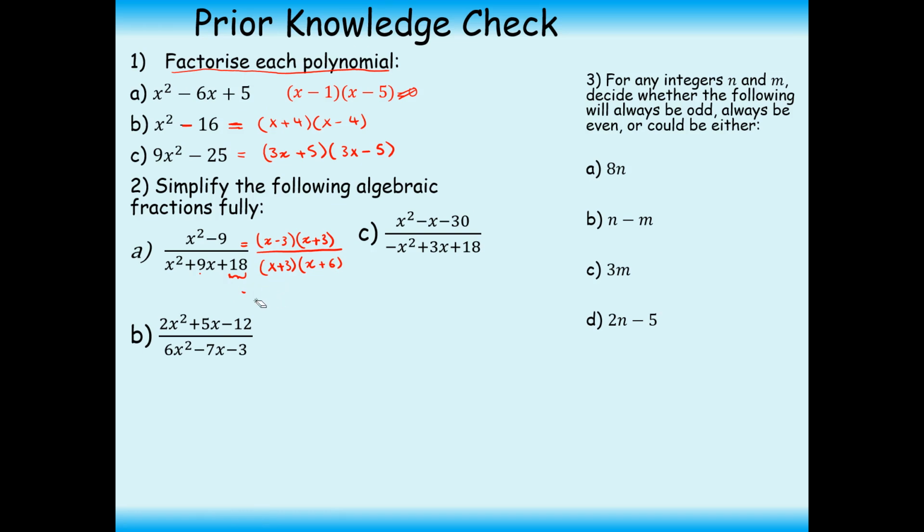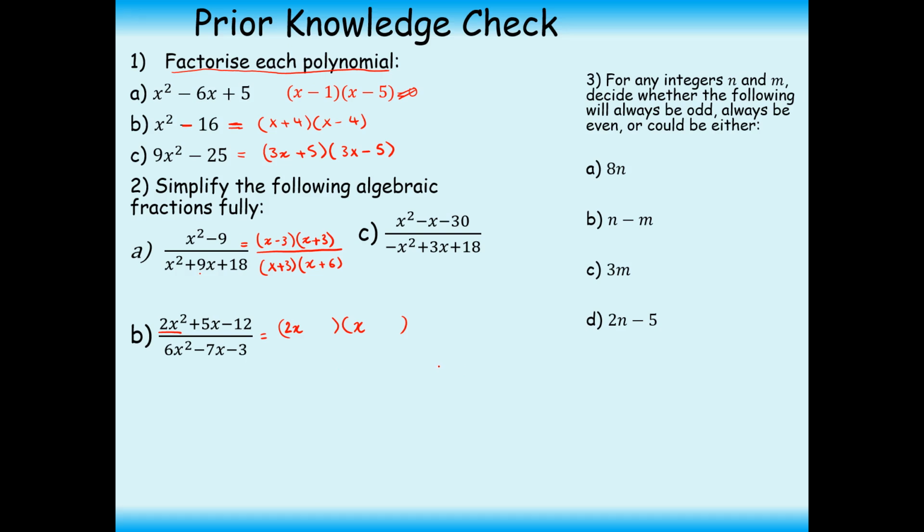Okay, so let's look at part B here. To factorize the top of this fraction, what I'd suggest to my students is, yes, you can use trial and error. In our case, the only factors of 2 will be 2 and 1, so it has to be 2x and x.